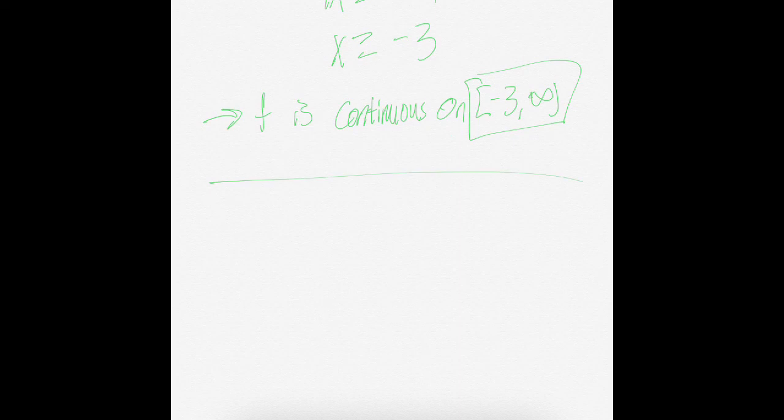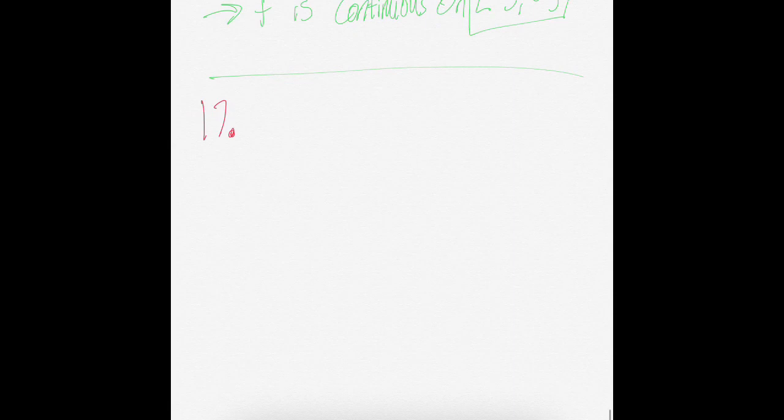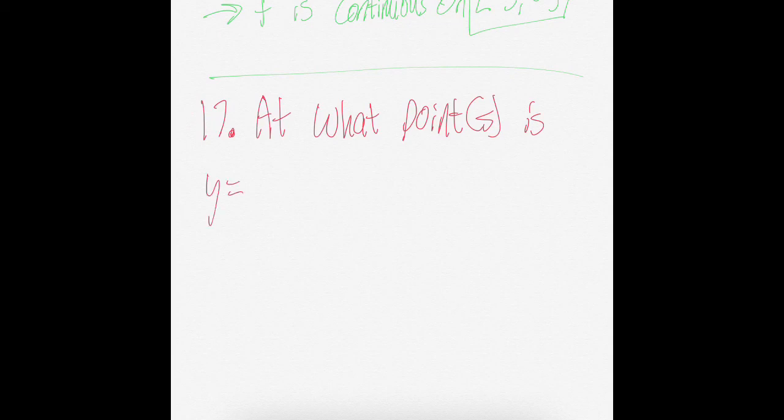So problem 17, 17.38. It says, it's the same type of question. At what points is, in this case, y equals (6x minus 4) to the 1/3 continuous?